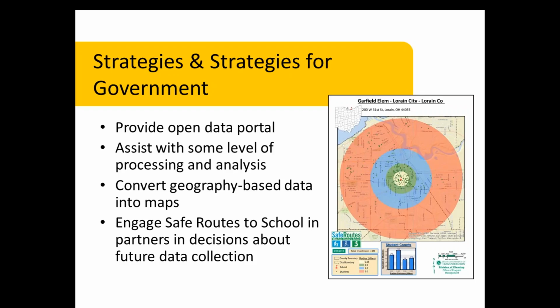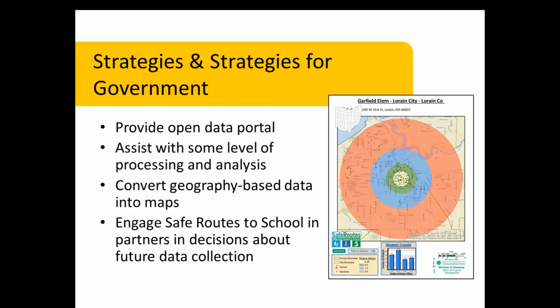I'm going to speak from the role of a Safe Routes to School practitioner who's trying to get data: going to your local jurisdictions and seeing if that data is available and what you can do with it. Also, a lot of times we don't have the ability to analyze or process data, so see if those government agencies can assist with some level of processing and analysis.